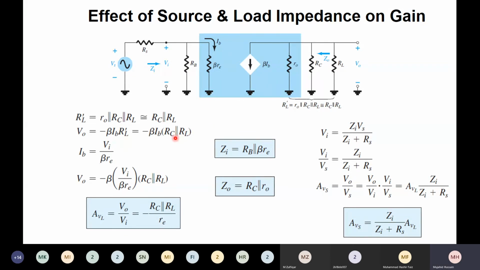If you multiply this parallel combination by the current flowing through it, it will give you the voltage across it.